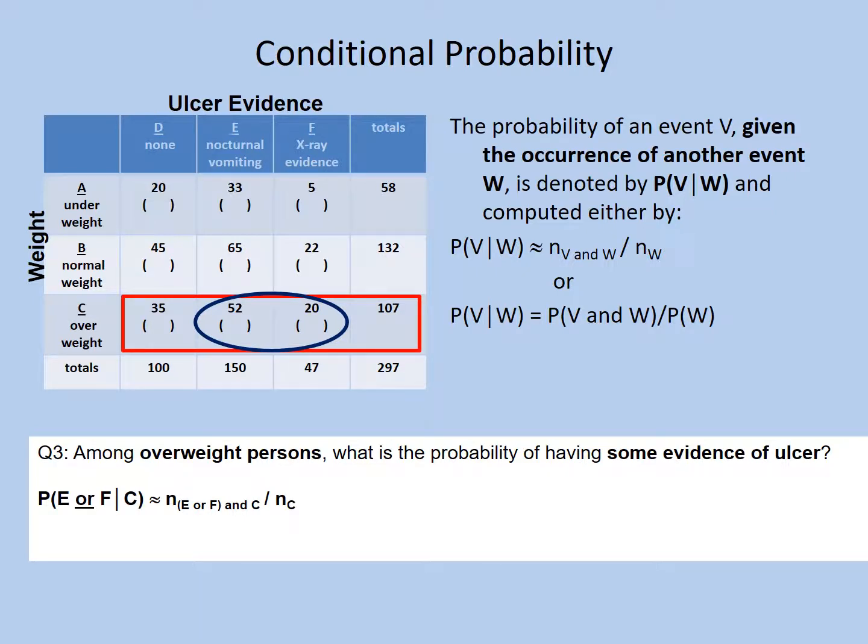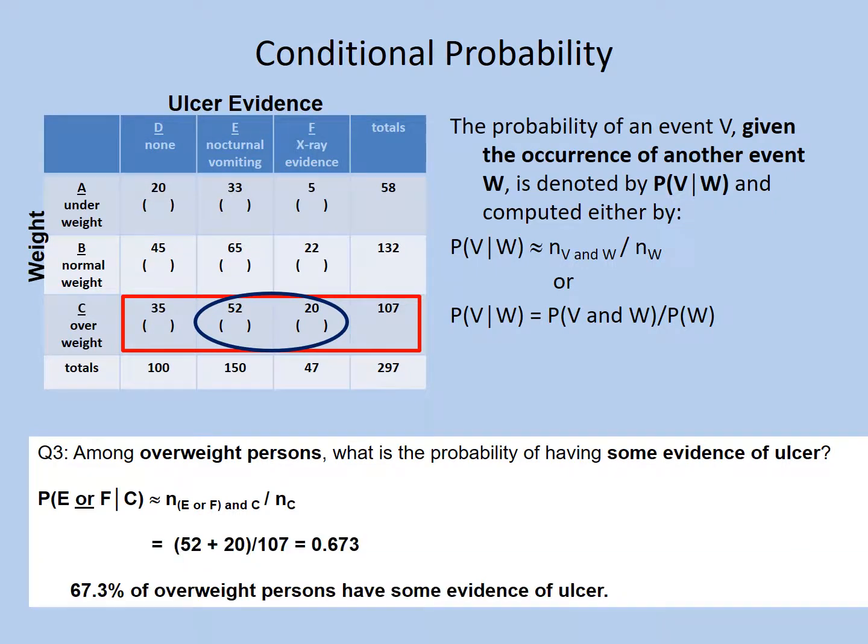So the formula P of E or F given C is approximately equal to N sub E or F and C divided by N sub C. Calculating this conditional probability, we get 52 plus 20 divided by 107, which gives 0.673. Thus, 67.3% of the 107 overweight persons in the study also have some evidence of ulcer.